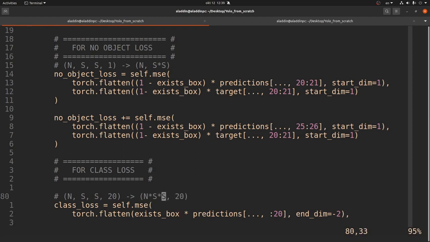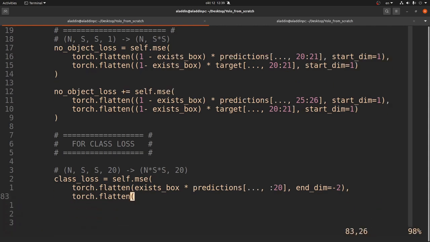So we're kind of viewing that each cell is a separate example, which I guess makes sense as well. And then we're going to do torch.flatten of exist box times target of up to 20, and n dimension is going to be -2 as well. And then we close that right there.